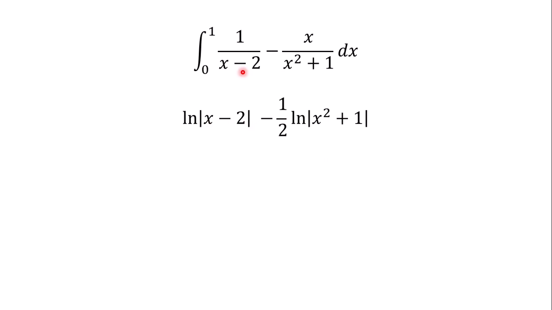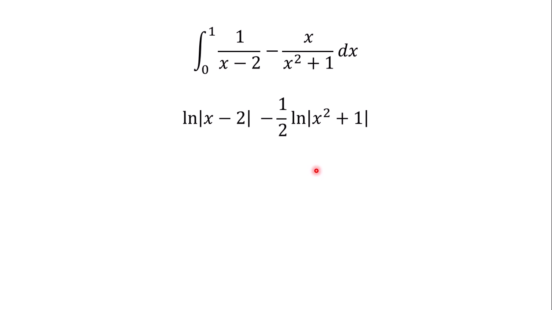So first, let's put 1 into this one, and later you put 0 into it, but make sure you subtract your answers, because the formula is upper limit minus lower limit.